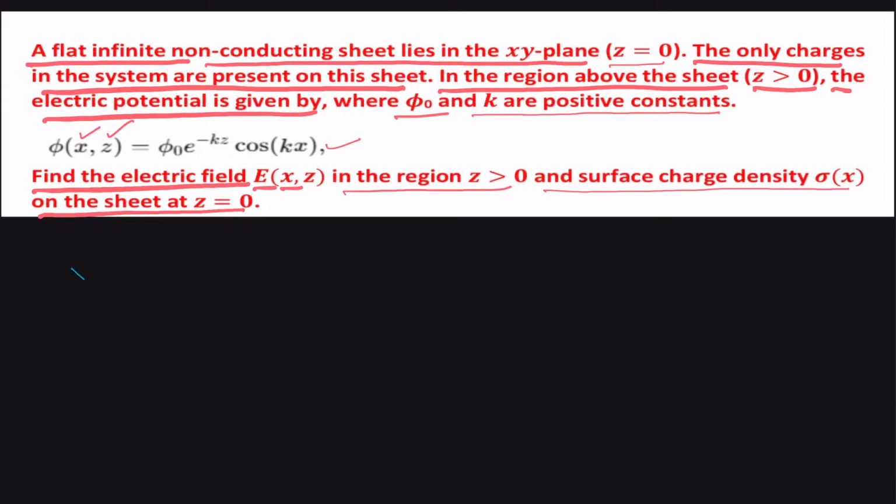And so we are going to find the electric field for the region z is equal to 0, and for that we are going to use the basic relationship that electric field is equal to minus the gradient of our potential. And now from the given equation we know that our potential is dependent upon x and it is dependent upon z. It is independent of y.